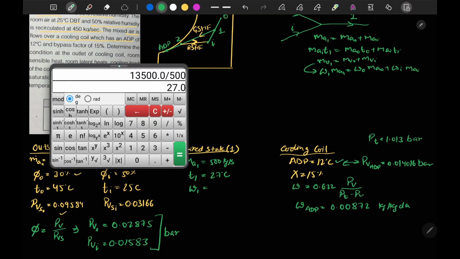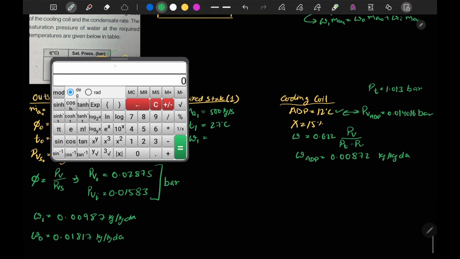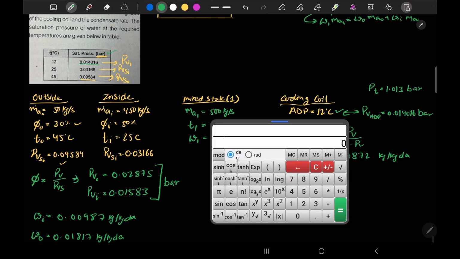MA naught is 50 into omega naught 0.01817, plus MAI 450 into omega I 0.00987, divided by 500.